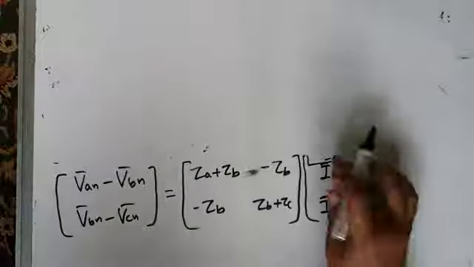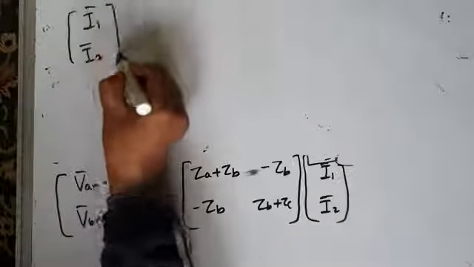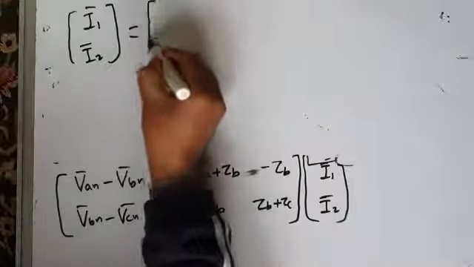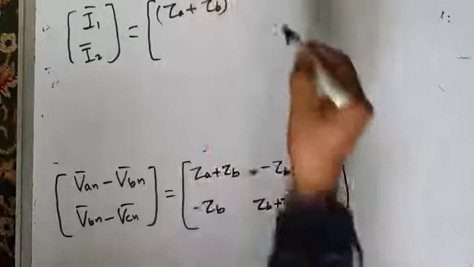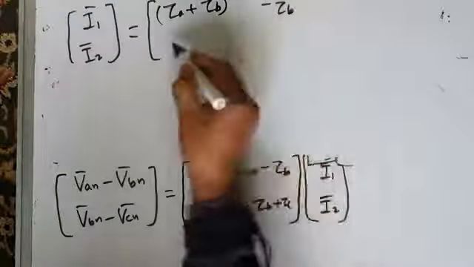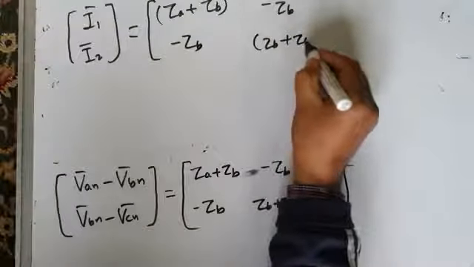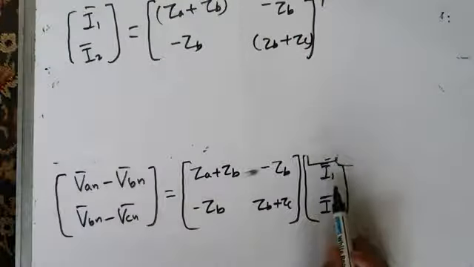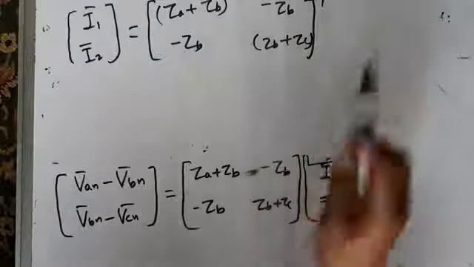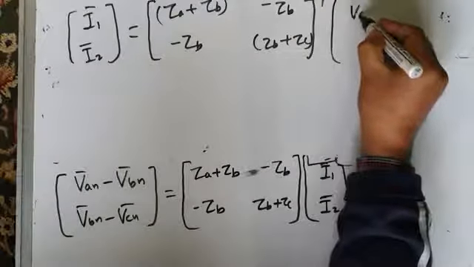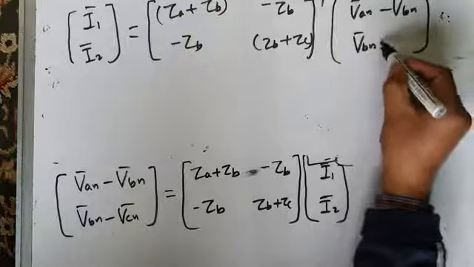If I have to find this I1 I2 matrix, I will write it like this: I1 I2 is equal to, this impedance matrix, ZA plus ZB and then minus ZB and then here minus ZB again, and this is ZB plus ZC, inverse, because when I find I1 I2, it goes here and it becomes inverse multiplied by this voltage matrix, which is VAN minus VBN, first row, and second row is VBN minus VCN.